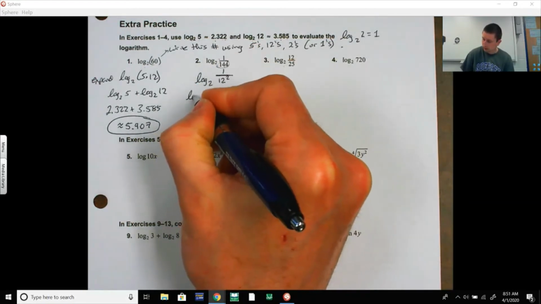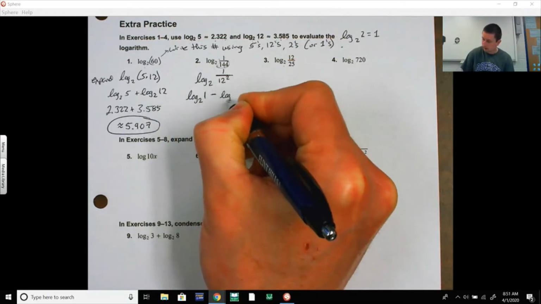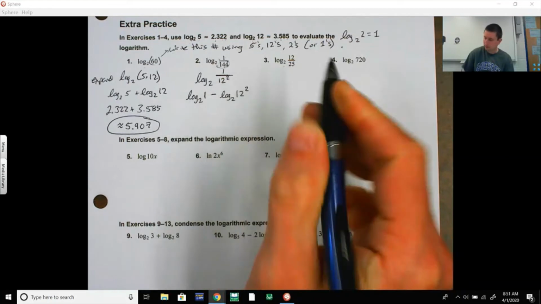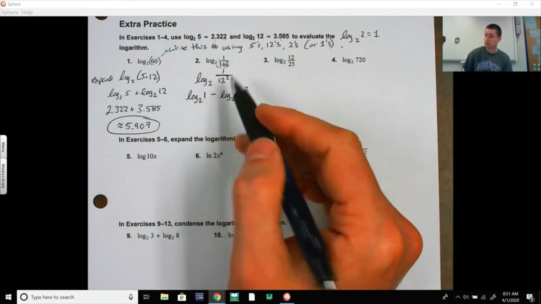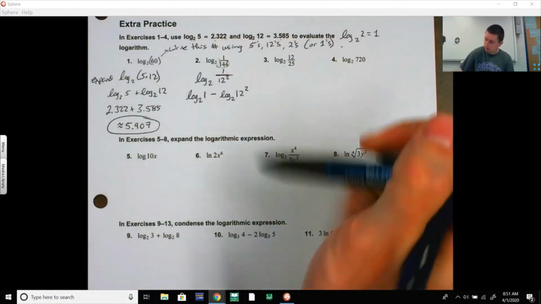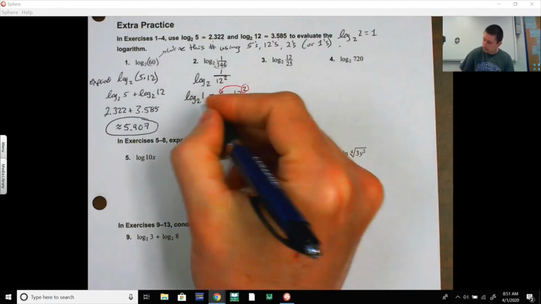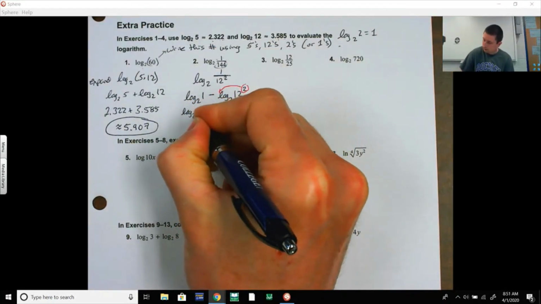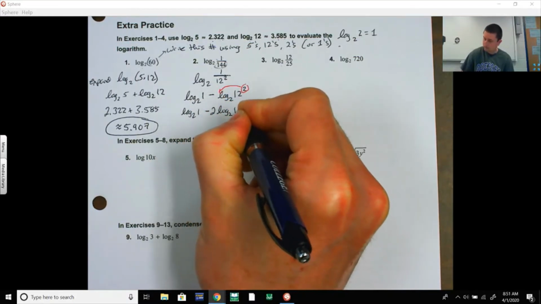So I'm going to expand it. Log base 2 of 1 minus log base 2 of 12 squared. So log base 2 at the top. The 12 squared came from the bottom, so I'm going to put that after a minus sign. I'm going to take this frog and jump it over the log. So log base 2 of 1 minus 2 times the log base 2 of 12.